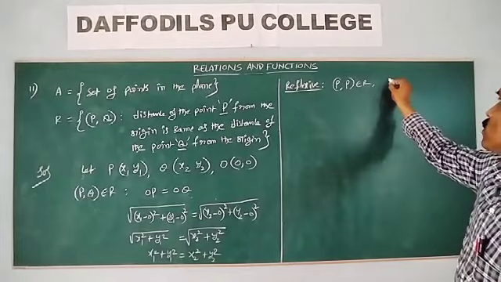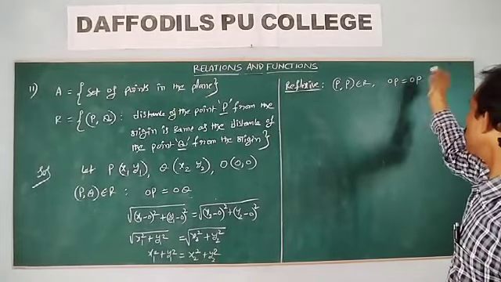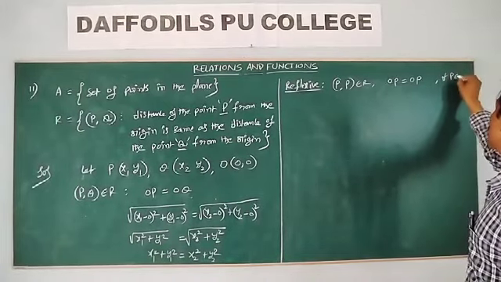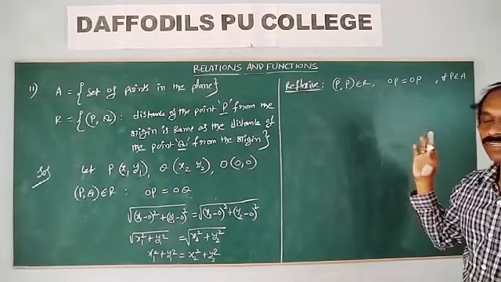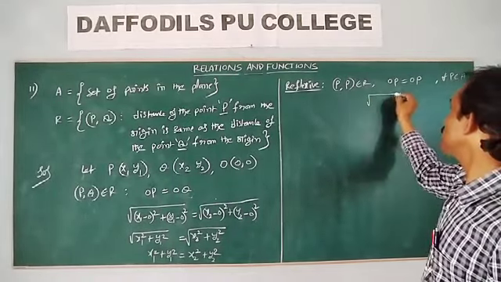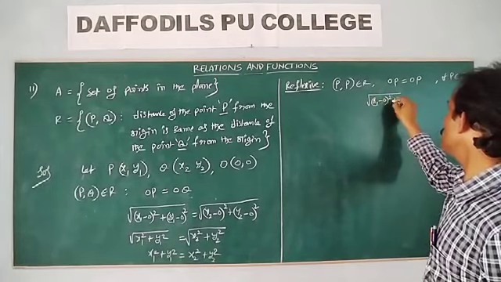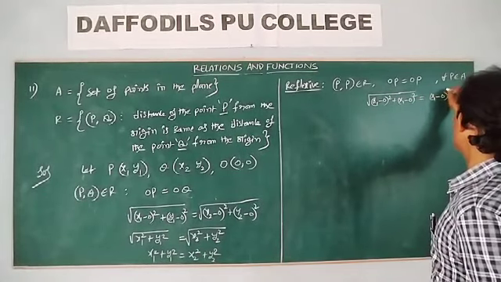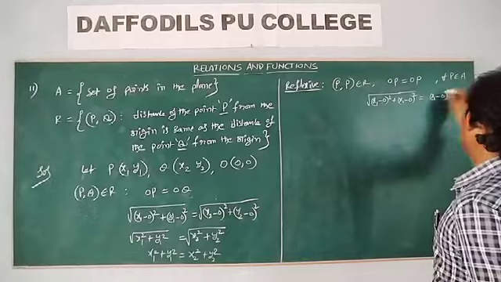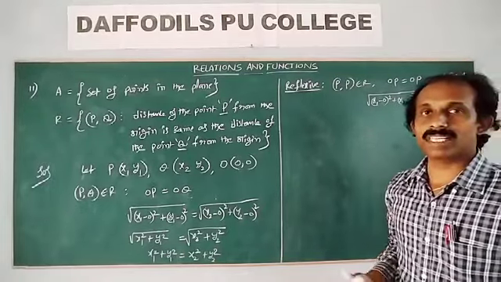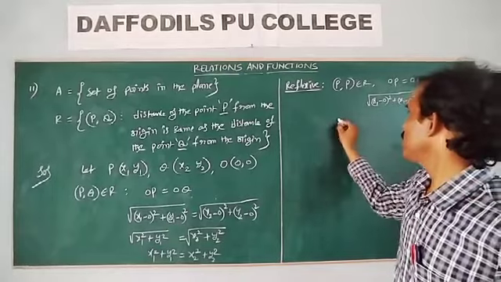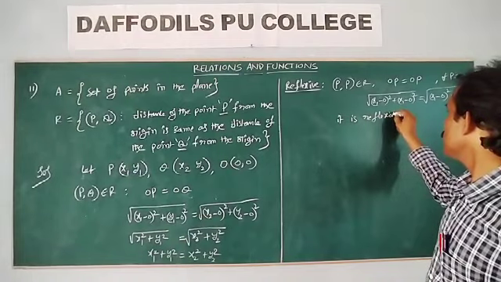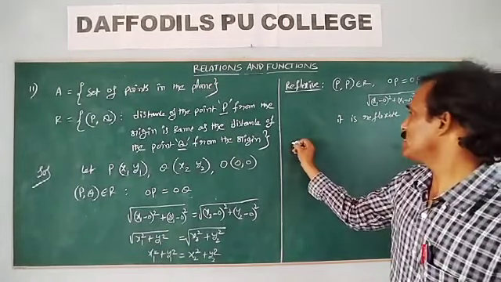OP is equal to OP, for all P belonging to set A. So (x1 minus 0) whole square plus (y1 minus 0) whole square is equal to (x1 minus 0) whole square plus (y1 minus 0) whole square. Same distance of the point itself from the center. Reflexive property satisfied. It is reflexive. Next is symmetry.